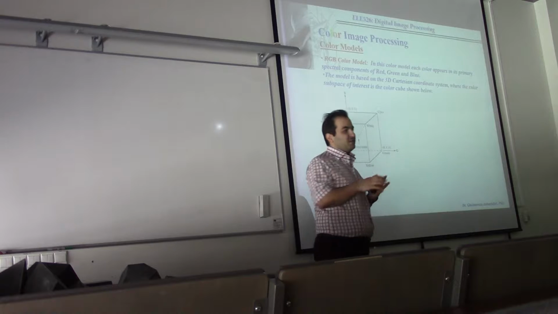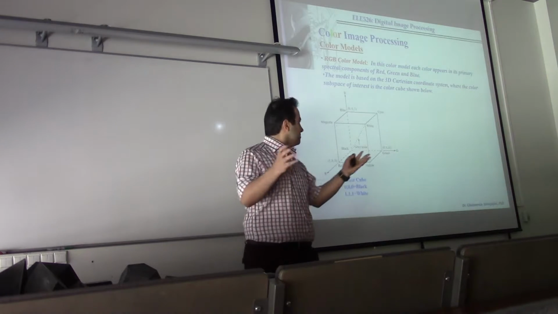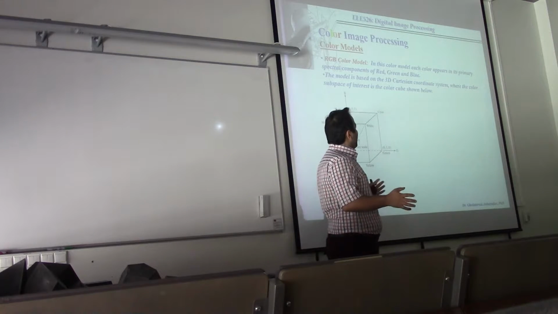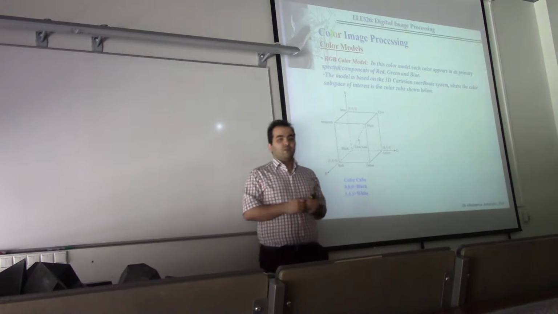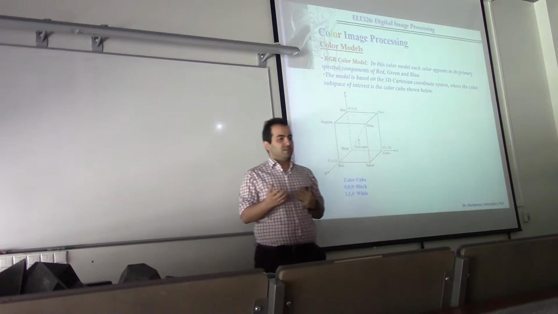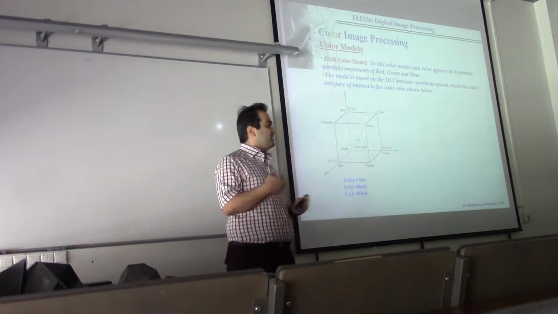It was some fundamental about the colors that Pythagoras, most of you know about that. But in image processing or video processing, we have some color models, or we can call it a color space.